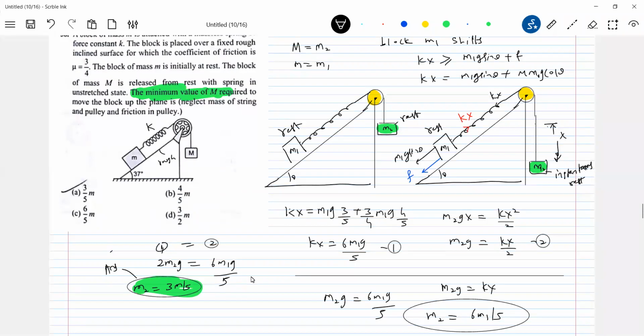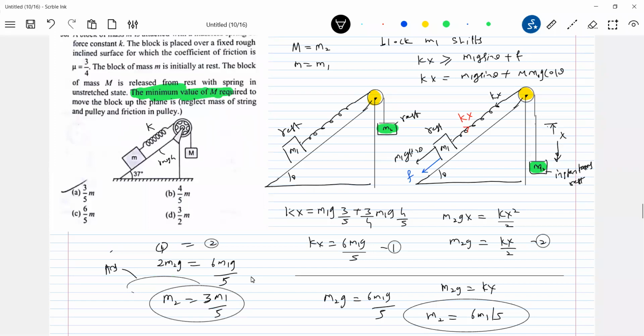Among these, which one is the minimum? Here M2 equal to 3M1 by 5. Compared to these two, which is minimum? 6M1 by 5 or 3M1 by 5? 3M1 by 5 is minimum.